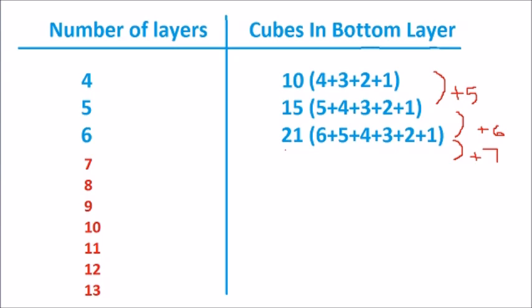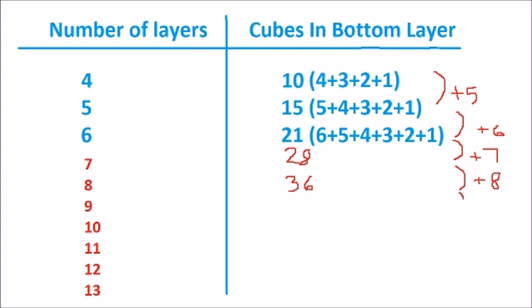And 21 plus 7 is 28. Now, we can do this for all of the numbers of layers. So, if we add 8 to find figure 8, we would know that 28 plus 8 is equal to 36.